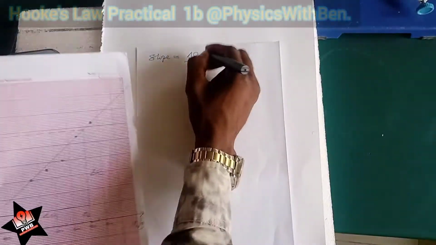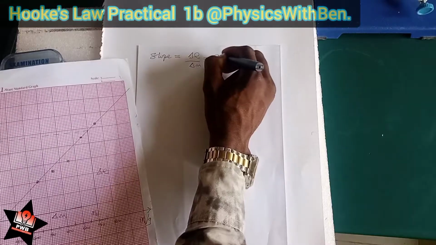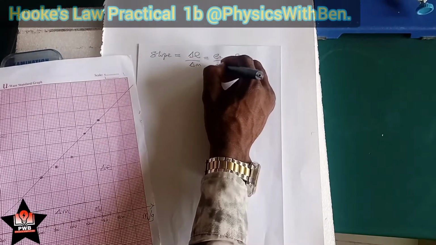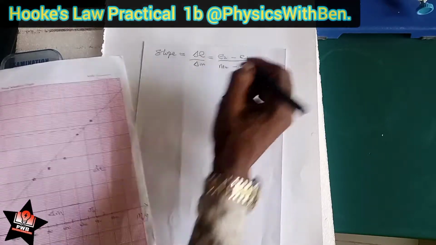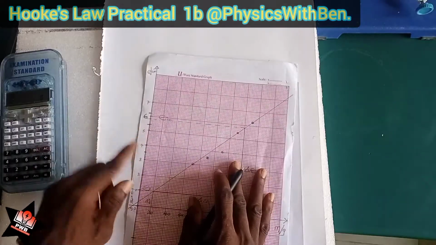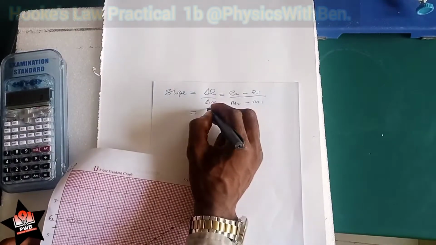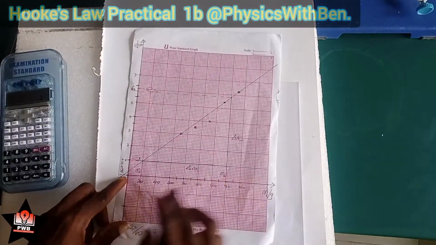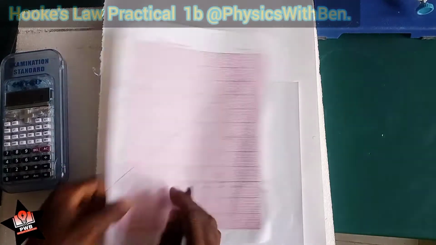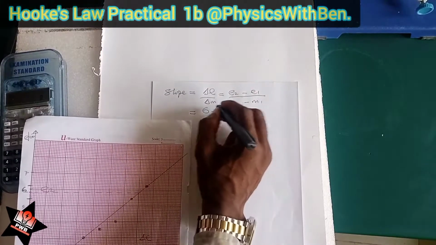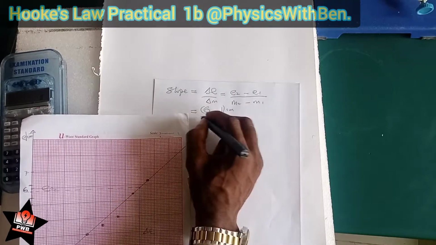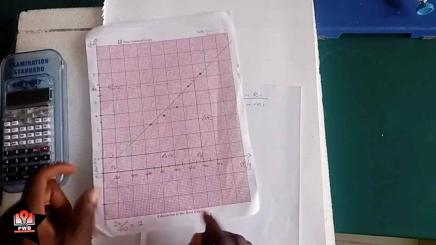So write that this is the same thing as E2 minus E1 divided by M2 minus M1. So our slope becomes, this is 6, our E1 is 1. This is 6 minus 1, all in cm, divided by our M2.